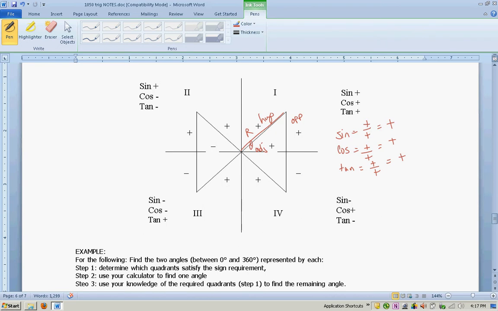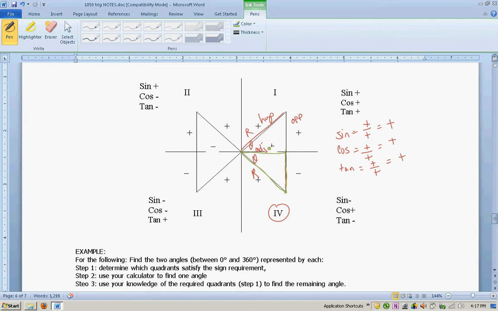But let's take a look at quadrant 4. So in quadrant 4, let's look at our reference angle. Remember, our reference angle with our r length is the hypotenuse. That reference angle is always drawn back to the x-axis. That's why it forms a bow tie diagram. So I'm dealing with this triangle with a reference angle theta that has a length r for the hypotenuse.